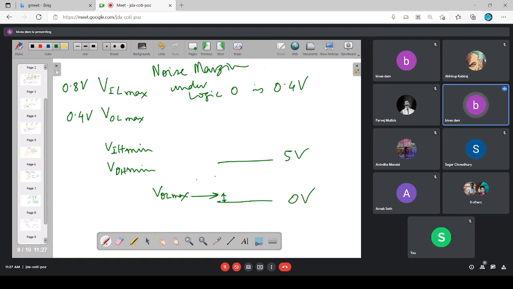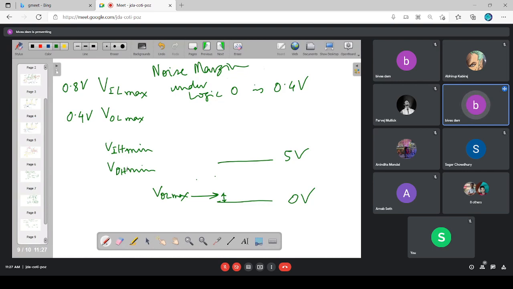So VIH mean is the minimum input signal strength that will be treated to be logic high. Below that, I am not sure about the signal strength. What I am sure is it is not logic high.